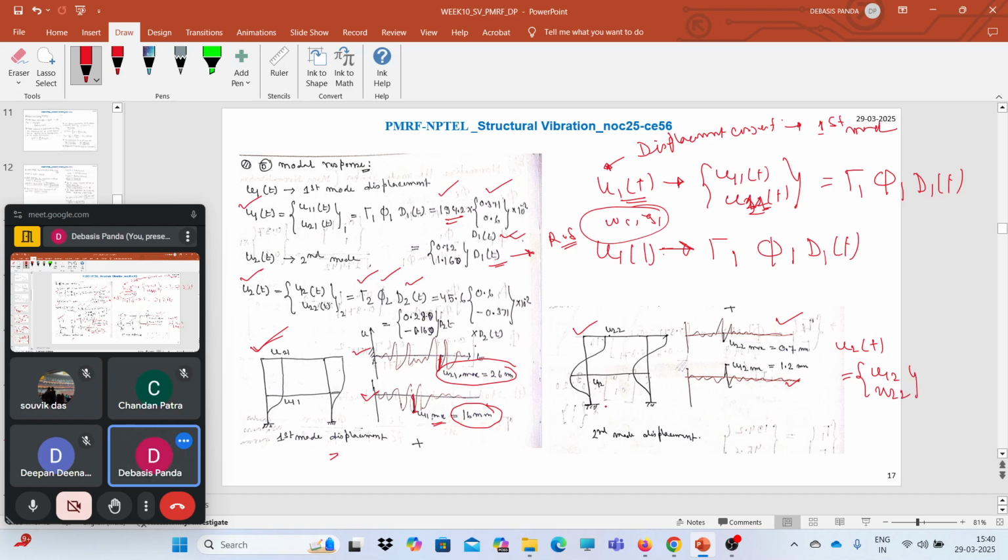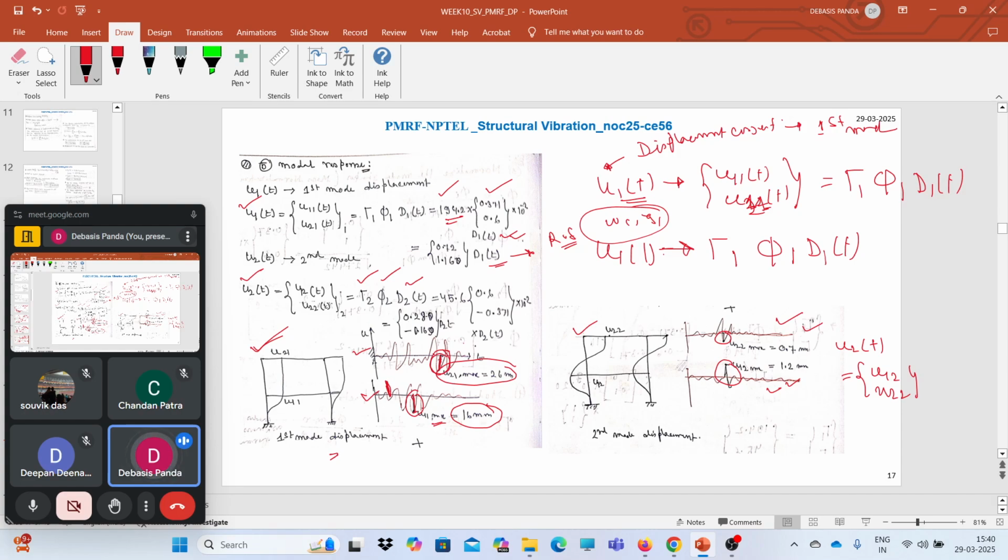Let's consider the maximum response occurring here for this one, and here for the other. The fact is that for each degree of freedom, the maximum peak responses will not occur at the same time point. They may occur at different time points. For example, for this condition, the maximum response may occur here for one, and here for the other.